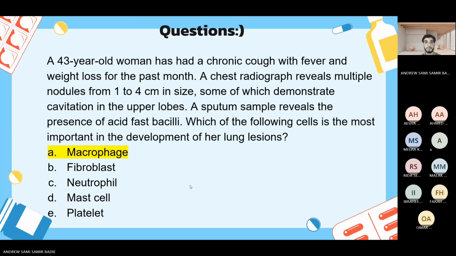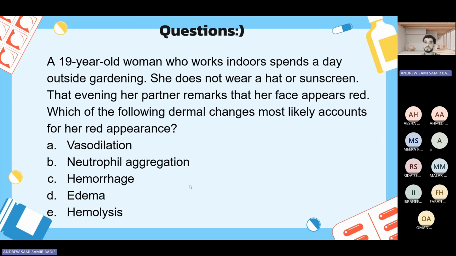Now here we have a 19-year-old woman who works indoors and spends a day outside gardening. She does not wear a hat or sunscreen, so you can think about sunburn in this case. That evening her partner remarks that her face appears red. Which of the following dermal changes most likely accounts for her appearance?